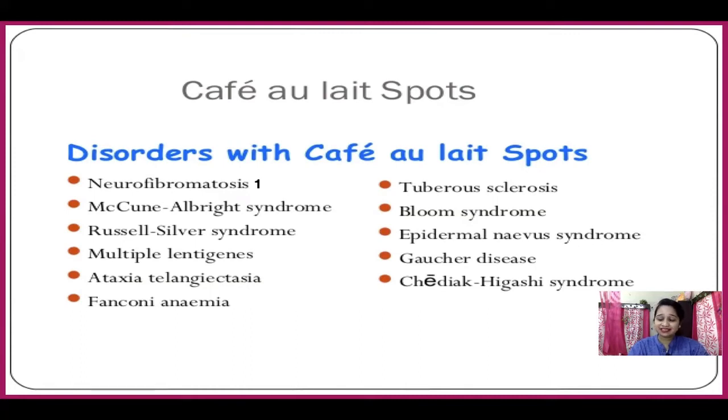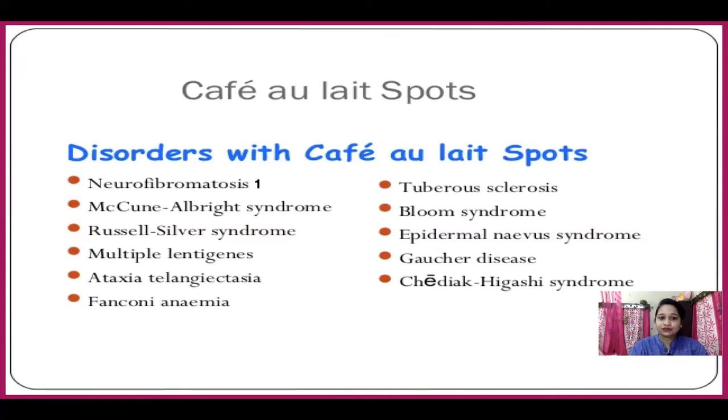These syndromes and disease conditions would be better described one by one, but due to short time I'm going to describe only one or two diseases, and in future, when I make videos for the medicine part, I'll go through the details of each and every symptom, along with which this spot will remain in mind.